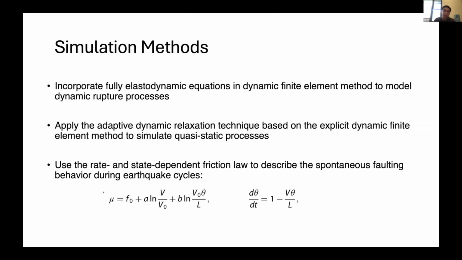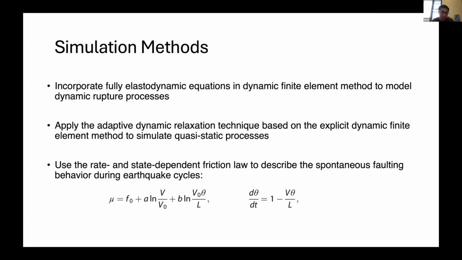So basically, an essential form of this law is given here. It describes the friction coefficient depending on the slipping rate of the fault. And also there is a state variable theta that describes the state of the interface.